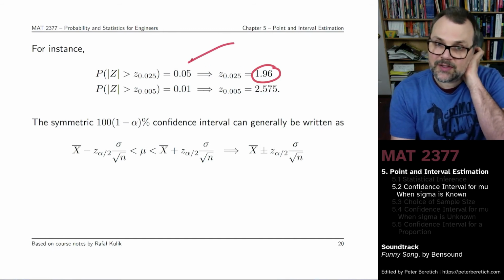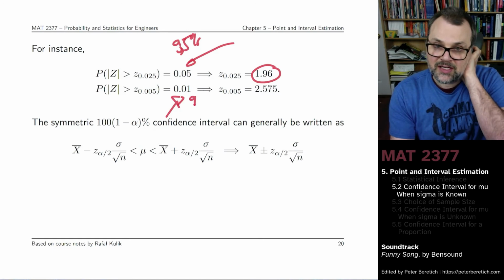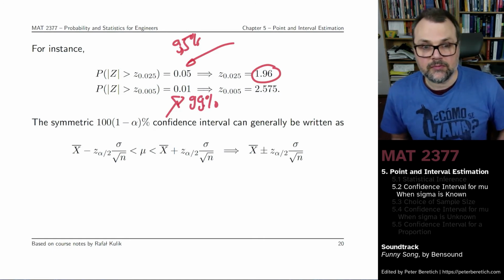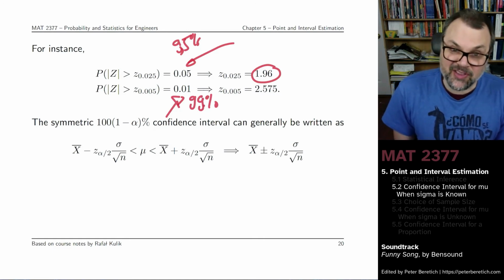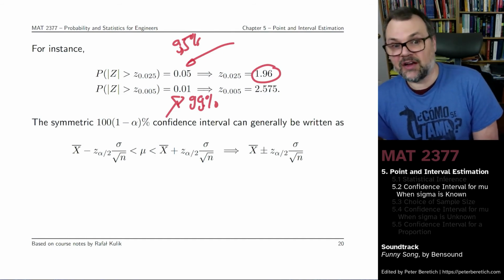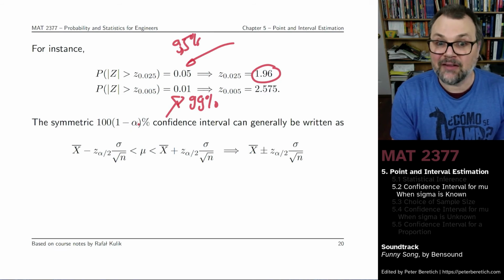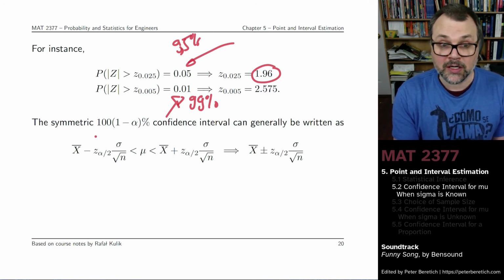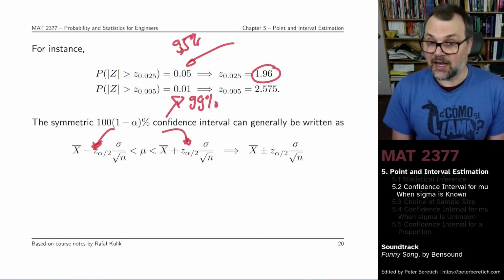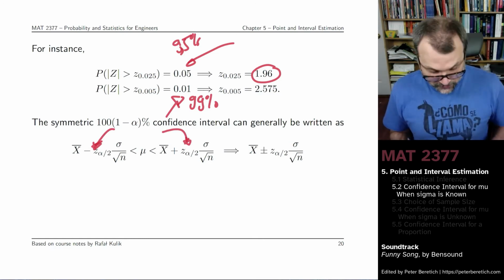This corresponds to the 95% confidence interval. This one to the 99% confidence interval. So if you want to build something other than the 95% confidence interval or the 99% confidence interval, just plug the alpha in here that gives you the percentage you want, and then find the corresponding percentile, and you will get your confidence interval.